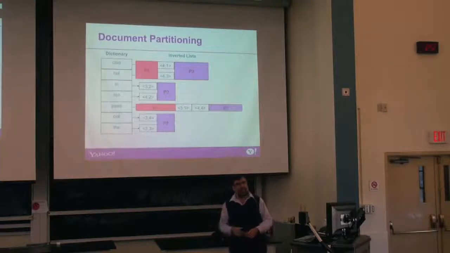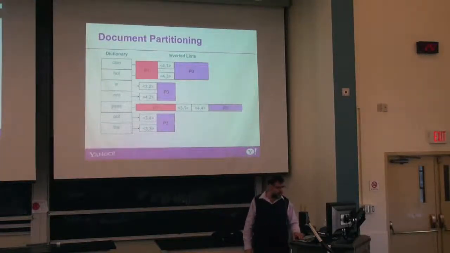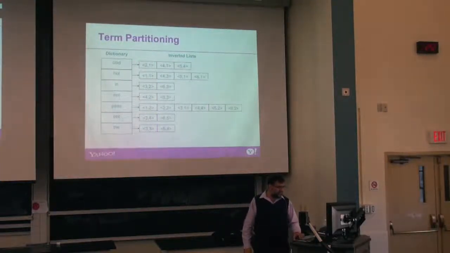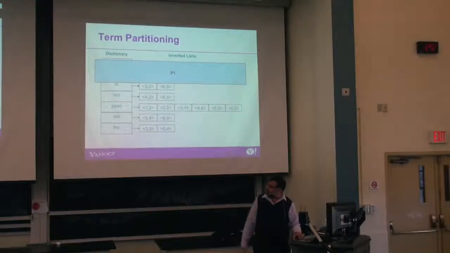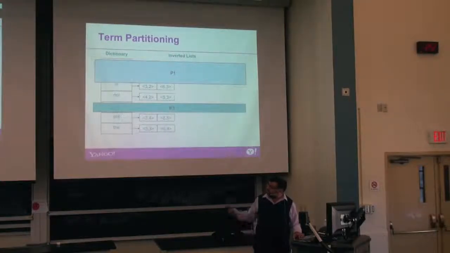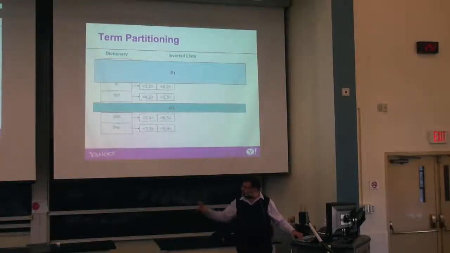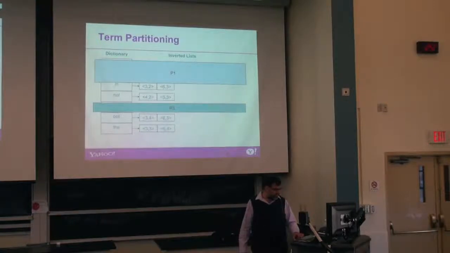Of course, the vocabulary is small enough to fit in memory, so that's not the problem. And then you can also do term partitioning. It's not used in practice, but basically you can do horizontal partitioning where one processor takes care of the first 2 words, next 2 words, and then the third, the most frequent word, and so on.